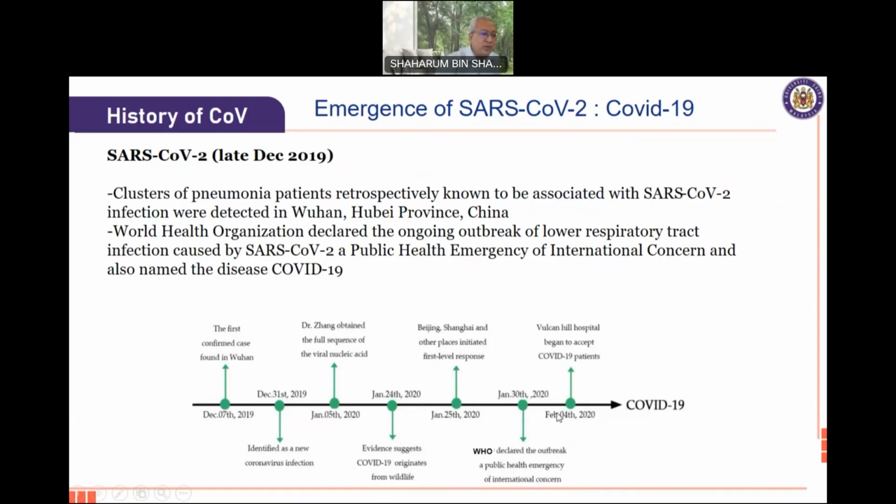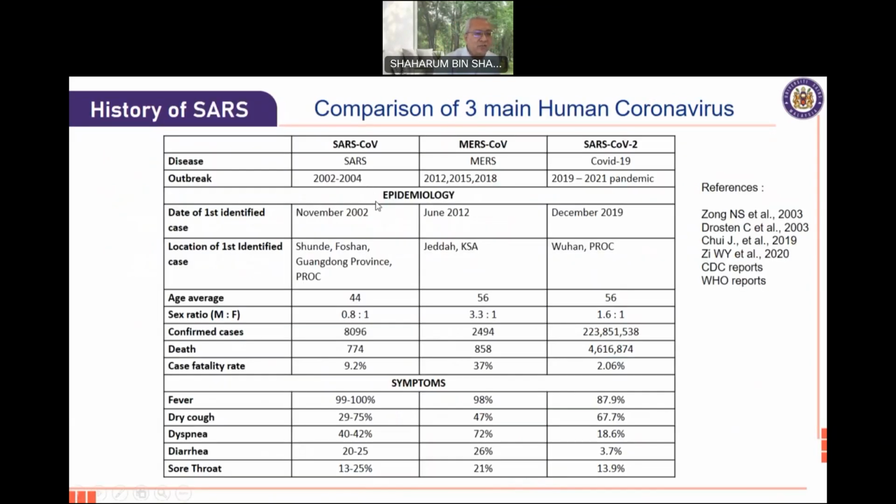We all know it came to Malaysia. It came with so many things, many stories. This is just to show the comparison of the main severe human coronaviruses.